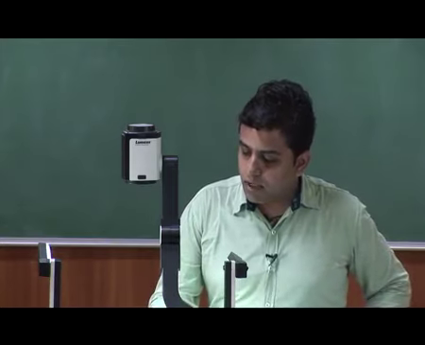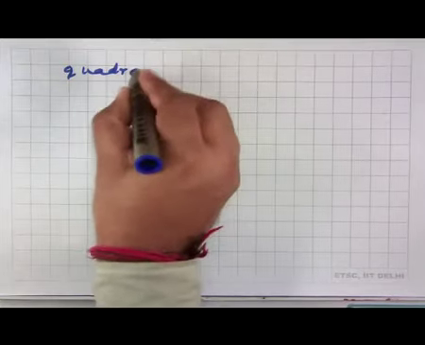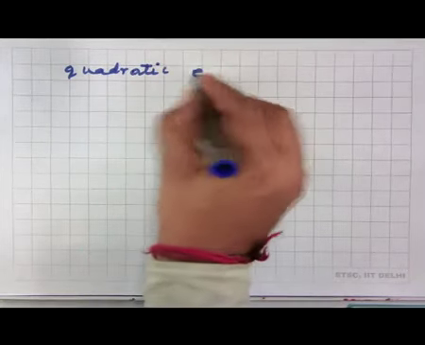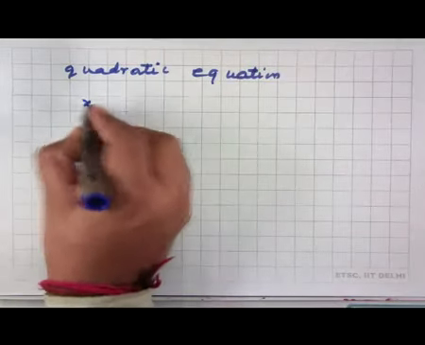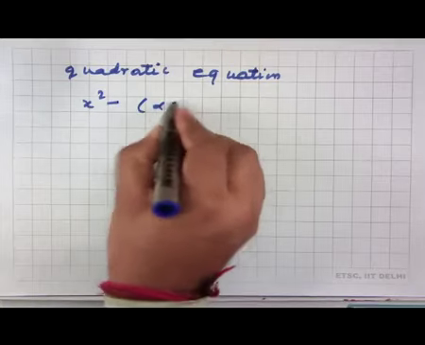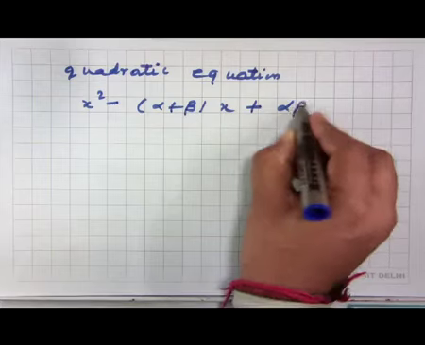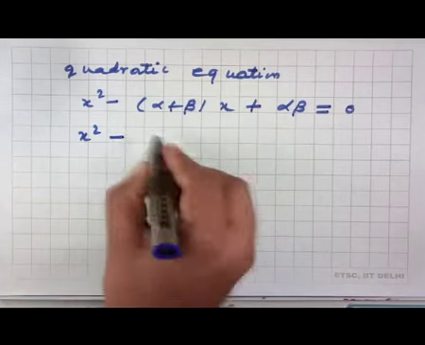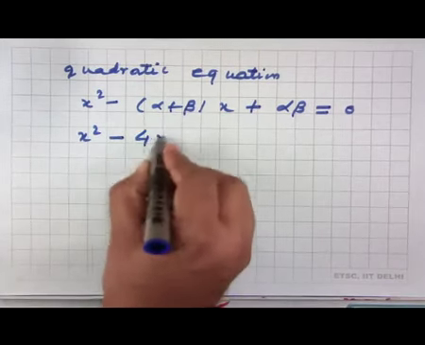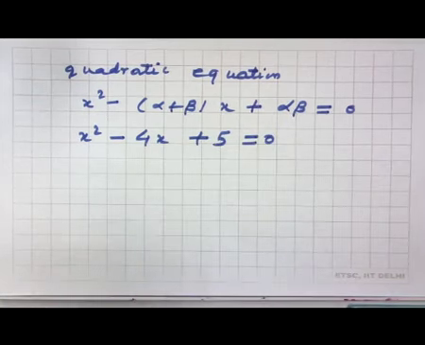Now, the quadratic equation will be x square minus (alpha plus beta) x plus alpha beta equal to 0. So it will be x square minus 4x plus 5 equal to 0. That is our quadratic equation.